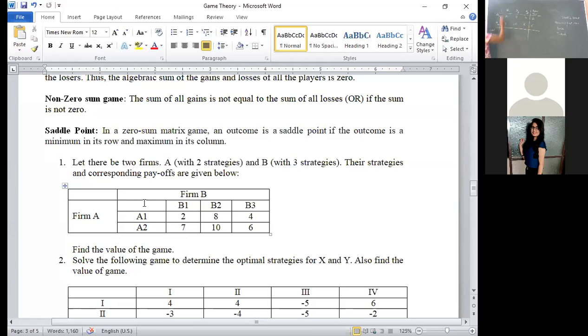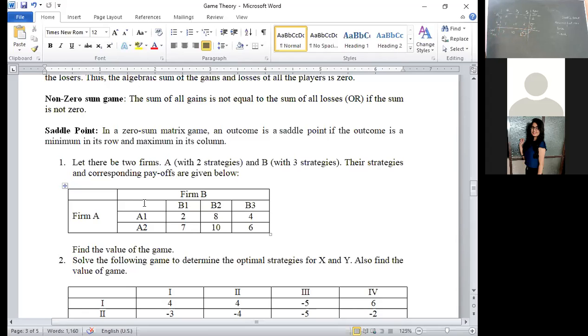Similarly, for column, first column, B1 column, the maximum value is 7. For column B2, the maximum value is 10. For column B3, the maximum value is 6. Among all these, the common value is 6. That's right. The value of the game is 6. This is called saddle point, that is, row minima is equivalent to column maxima.